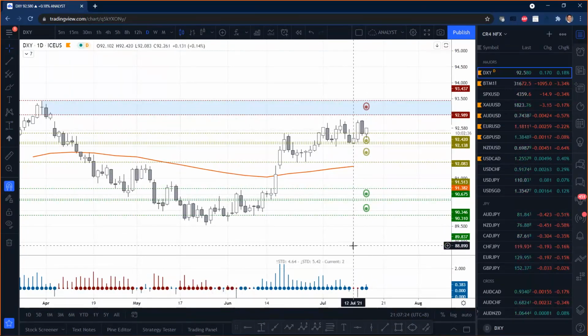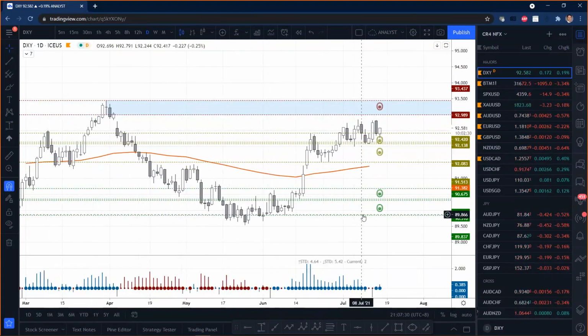So if you understand these, red the bearish case and blue the bullish case, then what we're looking for at the moment is more buying opportunities versus selling.